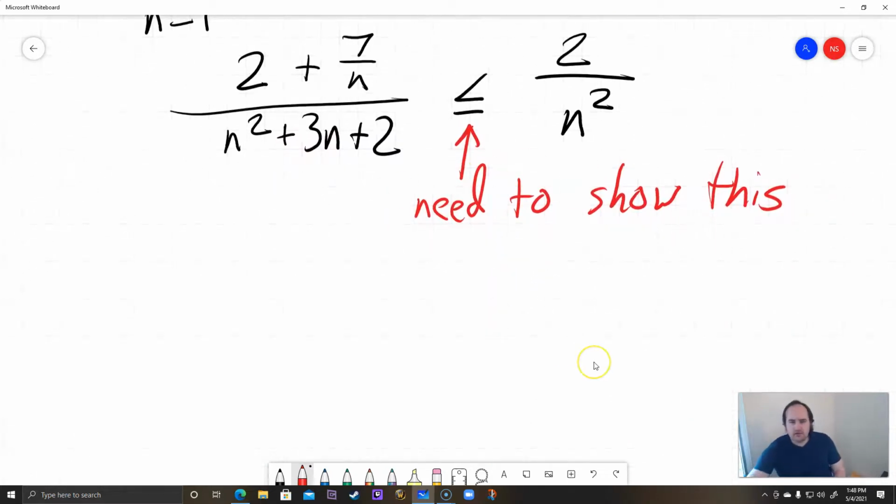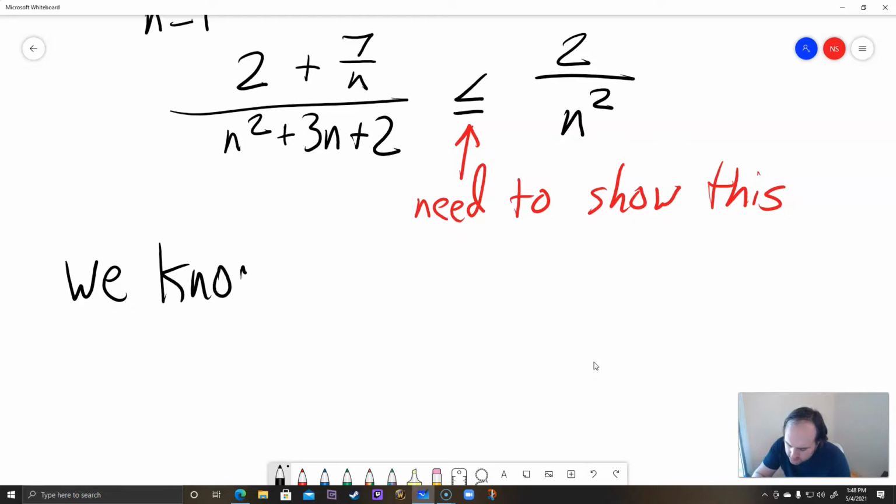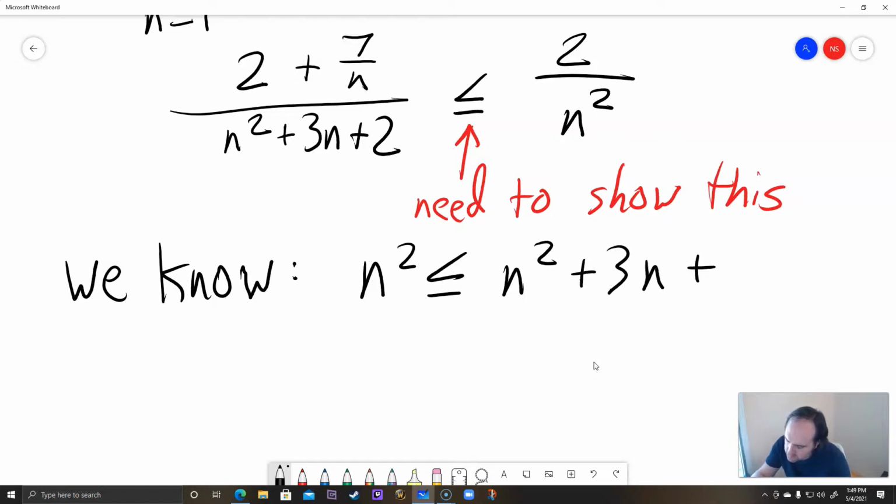So how do we show this? Well, first of all, we know that n squared is less than or equal to n squared plus 3n plus 2.